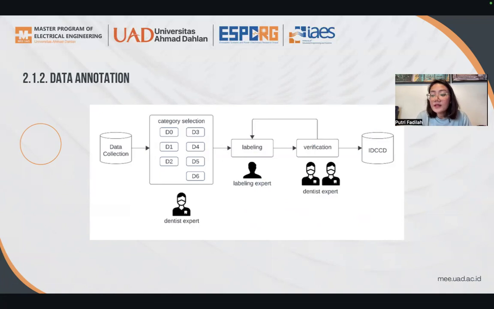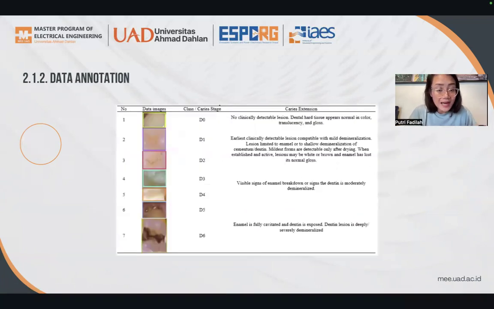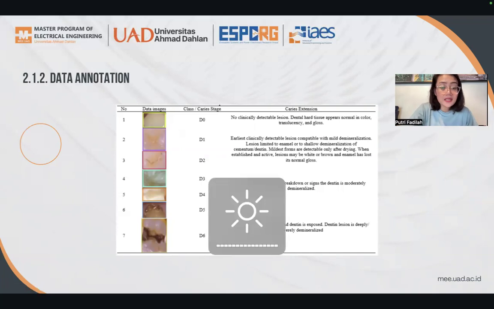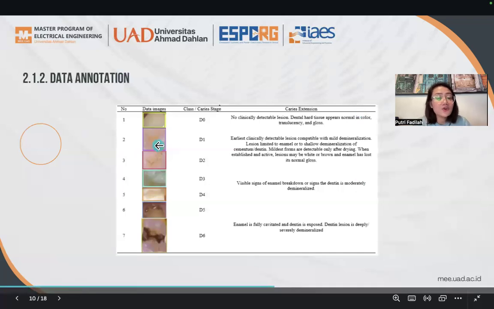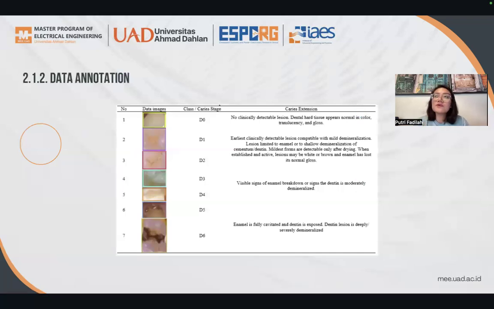Then the data annotation follows the ICDAS classification, classes D0 to D6. D0 is no clinical detection, or what we call a sound tooth.